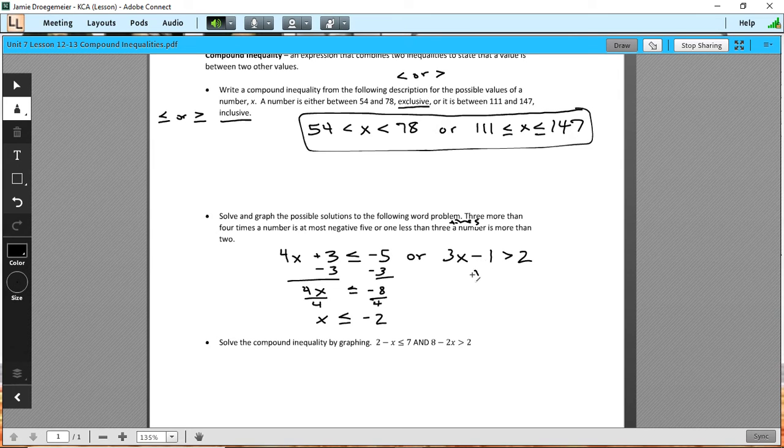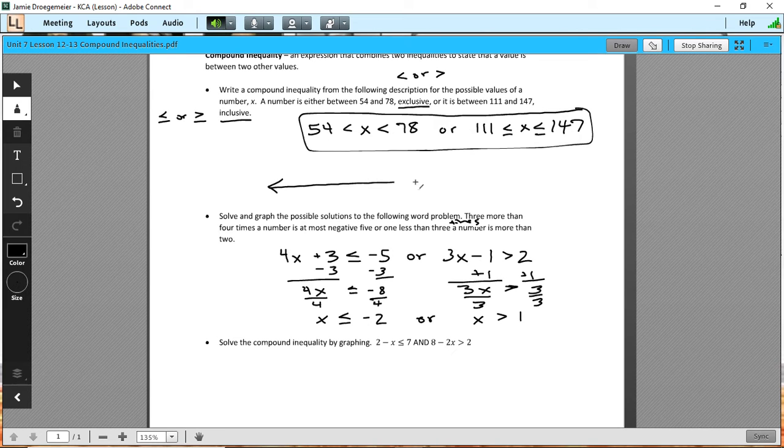Second inequality, I would add 1 to each side, and I get that 3x is greater than 3. And then divide each side by 3, and I get x is greater than 3 divided by 3, which is 1. So those are my two inequalities, simplified.